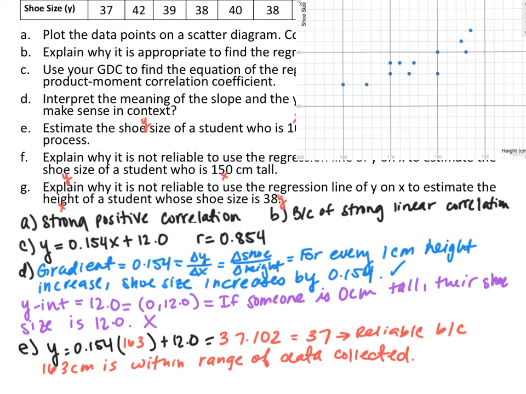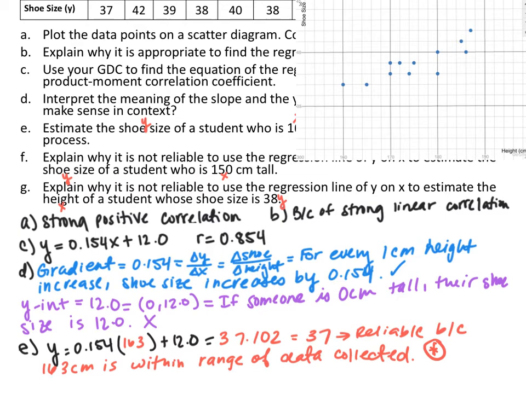So this is an important thing when you're doing what we call interpolation. What you're trying to predict has to be within the range of data that you've already collected. So for example, I can't use this to estimate the height of somebody who's 200 centimeters tall because that's outside of our data range.